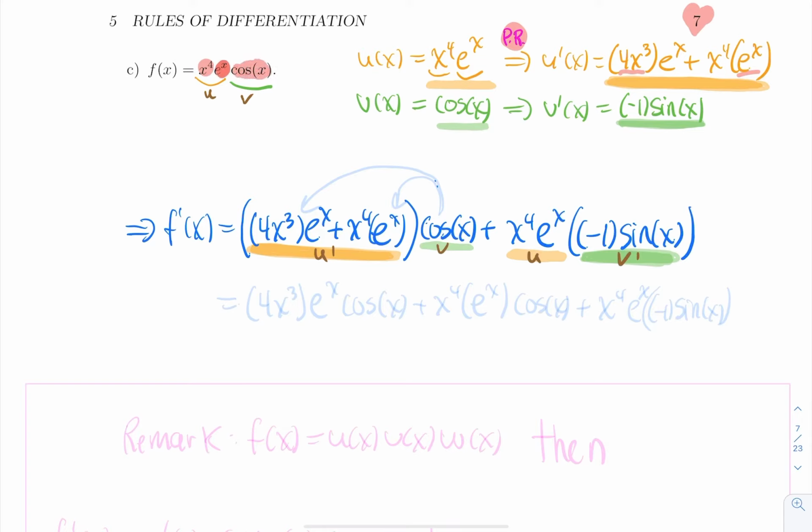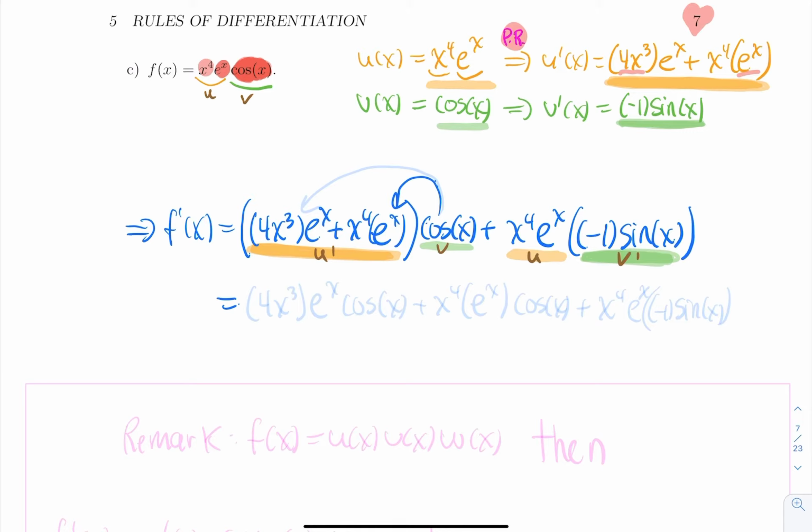But as a remark here, I just want to show you what happens if you distribute your terms. So I'm just going to distribute the cos of x, the v inside u prime, just to show you the following thing. So it's just a remark. This is fine enough on a test.